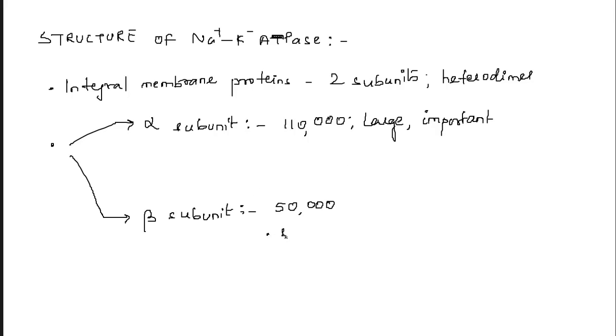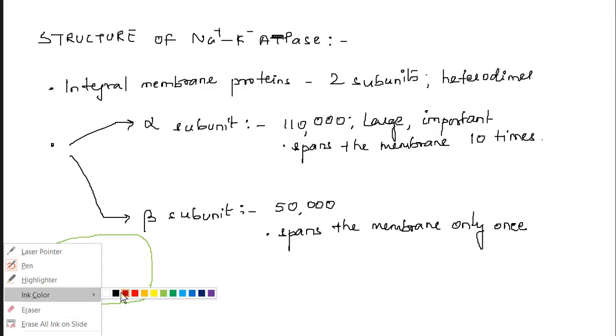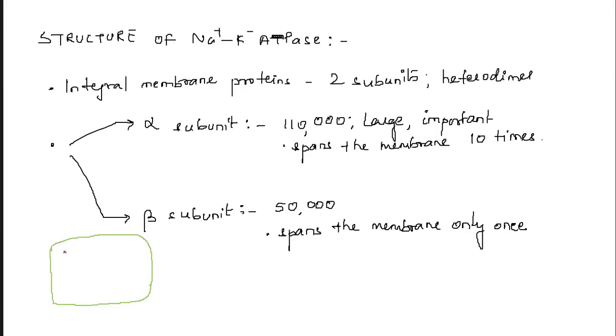Both alpha and beta subunits span the lipid bilayer. The beta subunit spans the membrane only once, and the alpha subunit spans the membrane 10 times. If I draw how it will look, the alpha subunit spans the membrane 10 times: 1, 2, 3, 4, 5, 6, 7, 8, 9, 10.